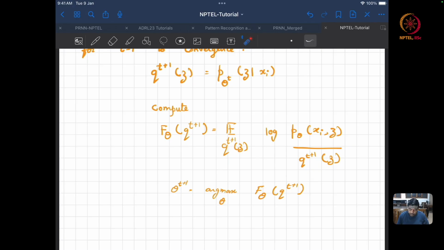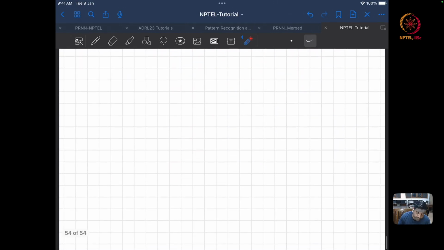Okay, so I just want to reiterate the same thing. Now I have obtained the values here. Now I'll put them into this step and obtain f theta, and then I'll take the derivative with respect to the parameters, equate it to 0 and obtain the values. I'll get the new parameters, and then go back and reiterate. Okay, fine.